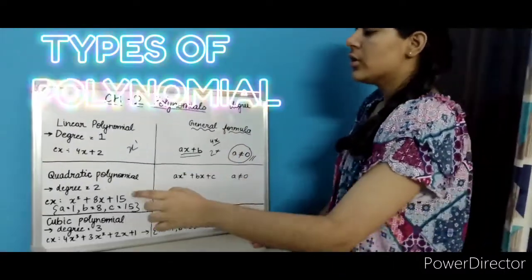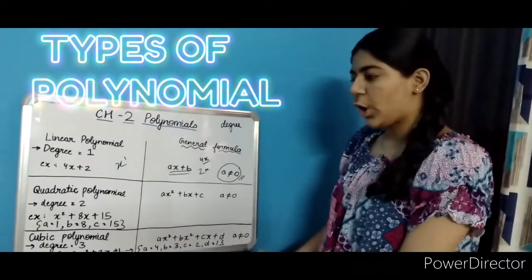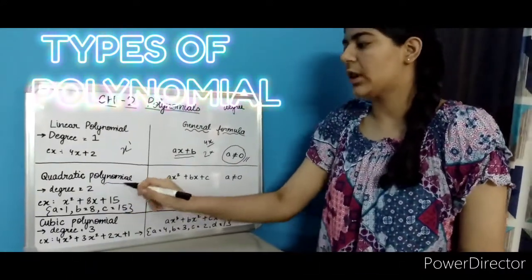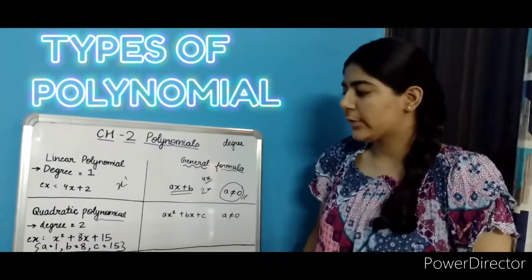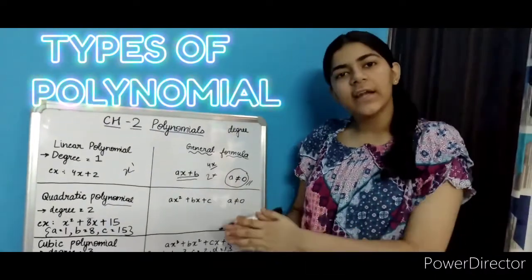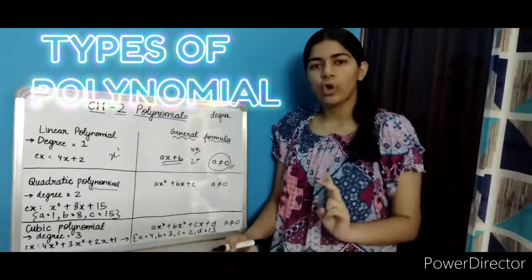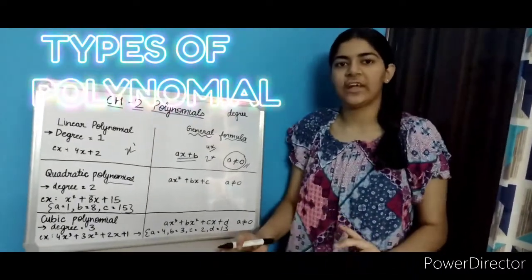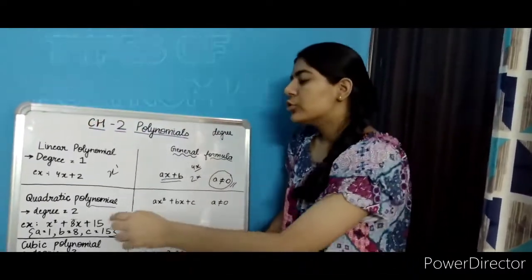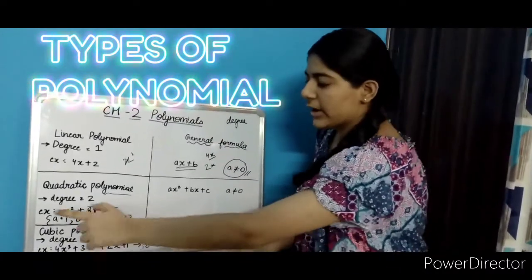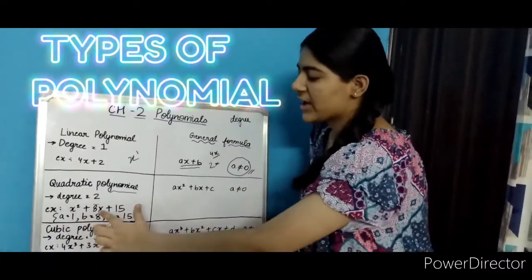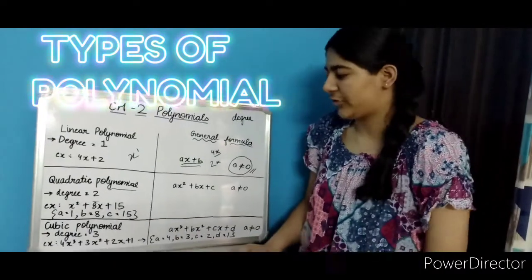Then comes quadratic polynomial. Quadratic polynomial has degree 2, and degree 2 means its number of zeros is 2. मतलब दो zeros होंगे इस polynomial के. We can find 2 zeros. So here we can see the example x square plus 8x plus 15.